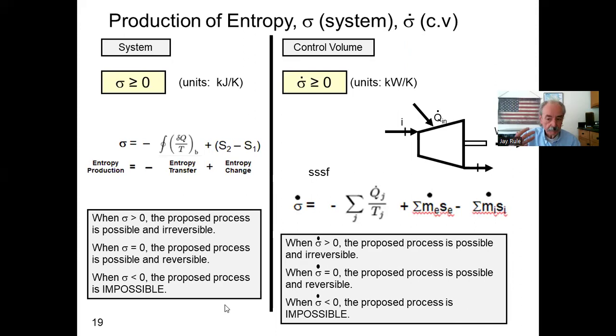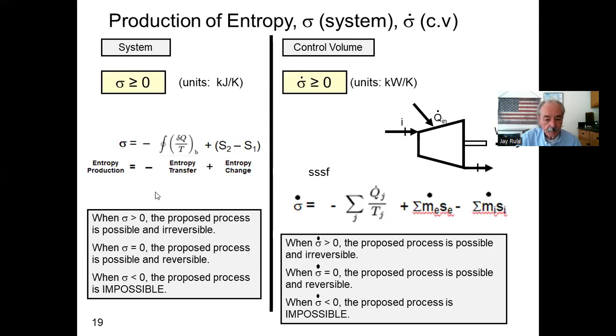Okay, now production of entropy. Entropy production, Greek letter sigma. Remember, it's sigma for a system. It's sigma dot for an open system. Remember, closed system, control volume, open system. Okay, so for a closed system, the entropy production is greater than 0. Okay, what's that definition? This is one that you definitely want to get on a formula sheet or commit to memory.